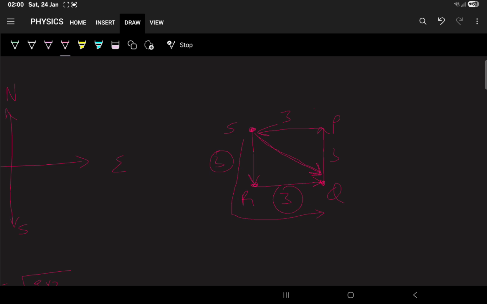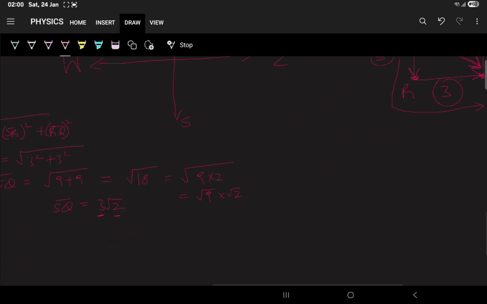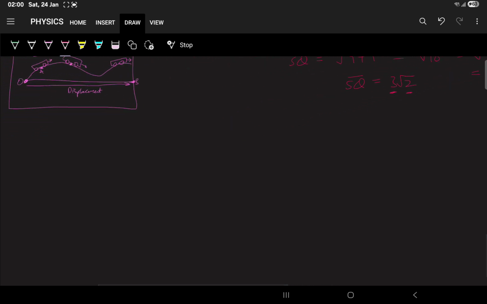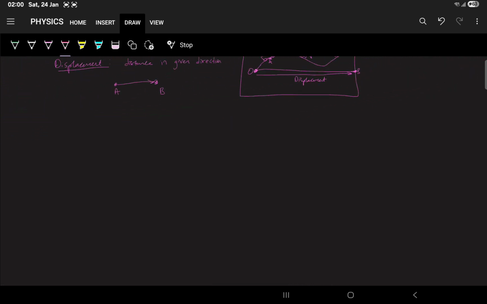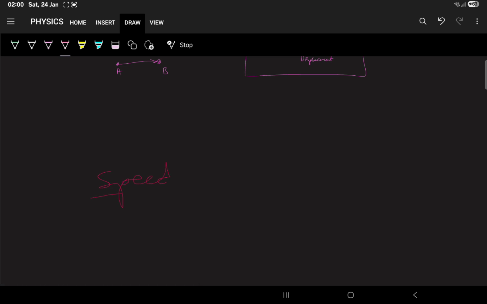Now we're going to look at speed, velocity, and acceleration. So now, starting with speed. What is speed? Speed is simply defined as the rate of change of distance with time.